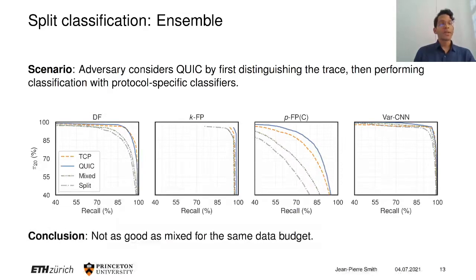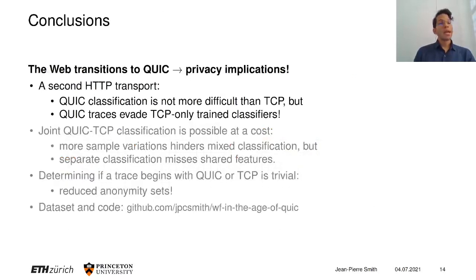Moving forward, it is likely that the adversary would use a mixed setting or increase the data set to account for the fact that the TCP and QUIC sample classifiers would need to saturate with the number of samples they're given. So, in conclusion, the web is transitioning to QUIC, and this has privacy implications, especially in the website fingerprinting landscape.